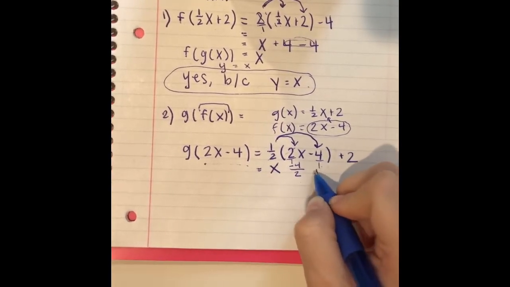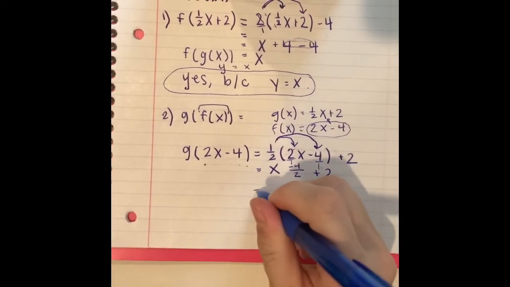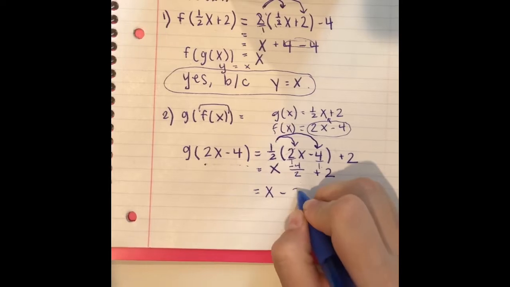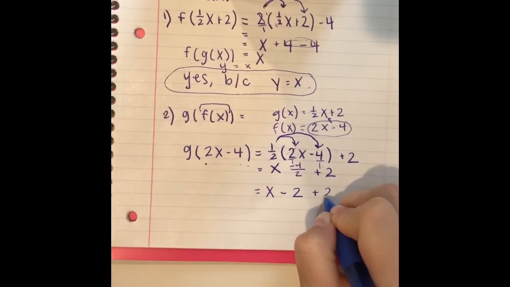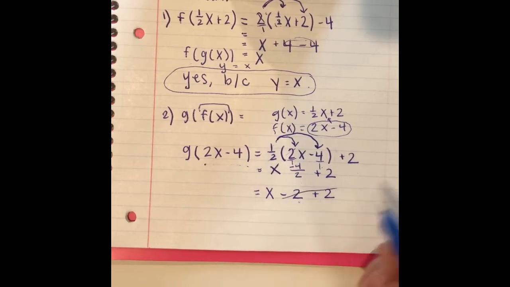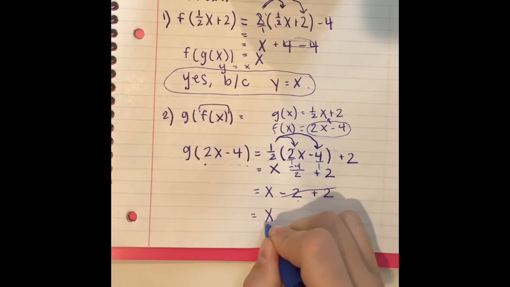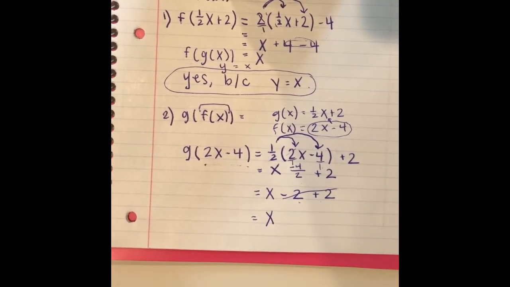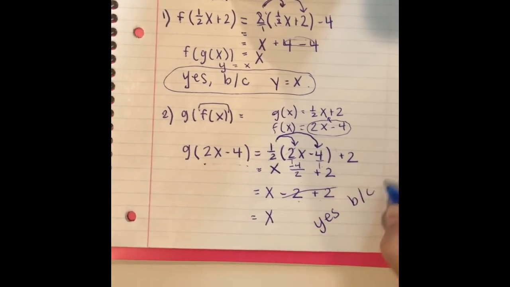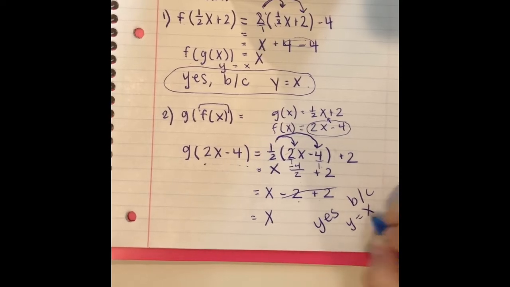And then we bring down this plus 2. Negative 4 divided by 2 is a negative 2. Bring down our plus 2. Minus 2 plus 2 is 0. So we're left with just x, which is what we wanted. So yes, they are inverses because y equals x.